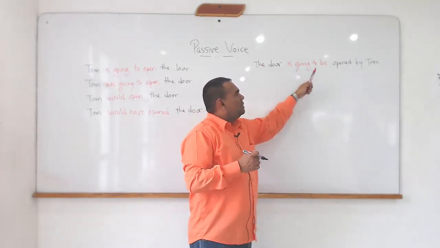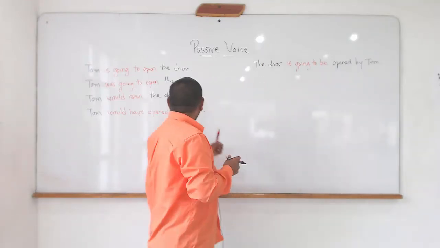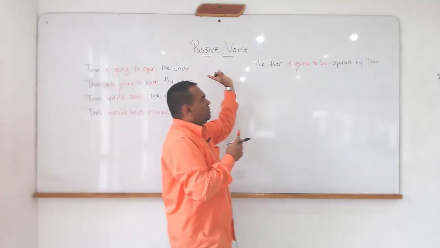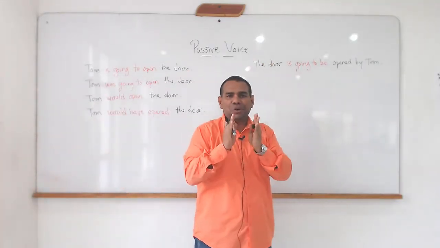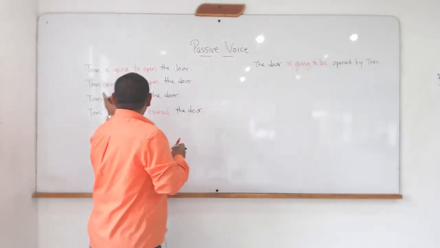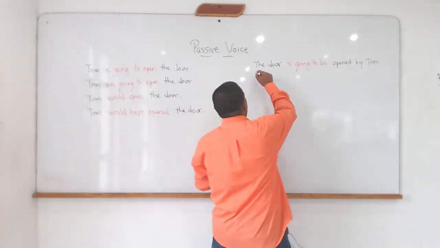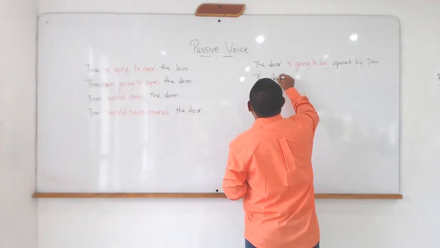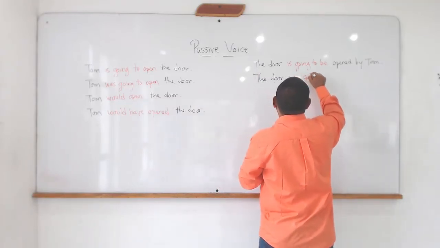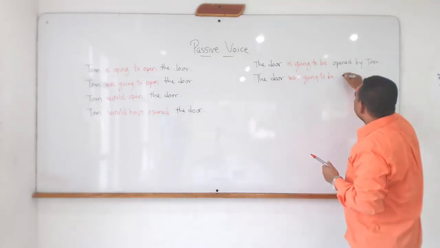So the door is going to be opened by Tom. One more time, the central verb, the one that refers to the action itself, is going to be present, but in the structure corresponding to a past participle form. Let's continue with the other ones. This is the future seen from the past. So the door was going to be opened by Tom.